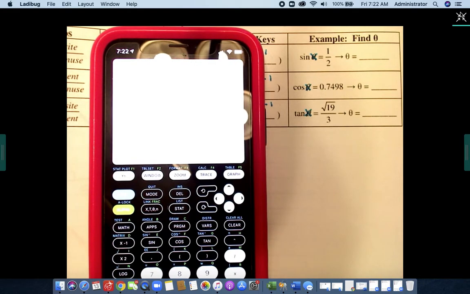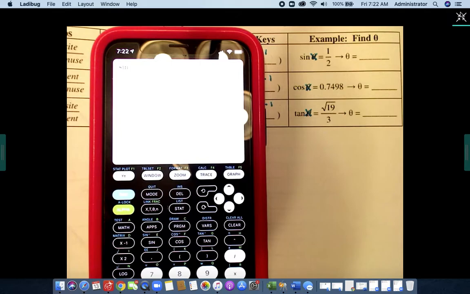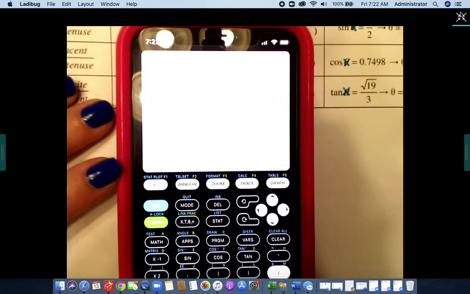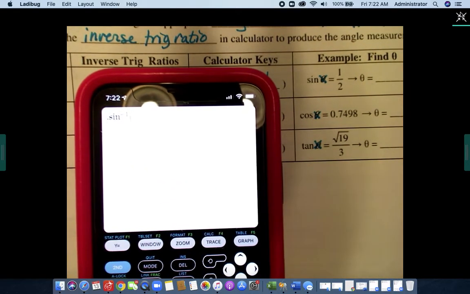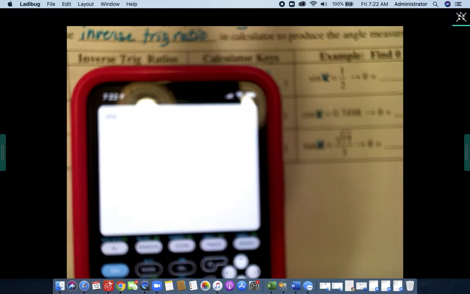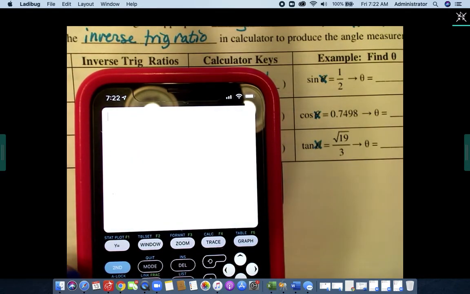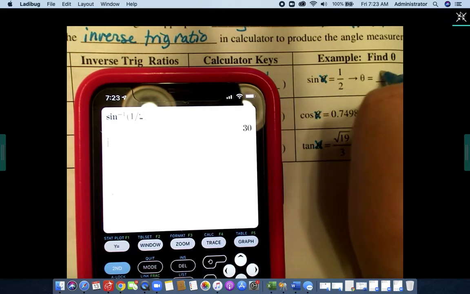All right, hopefully that'll work. So I'm going to hit second sine, of 1 divided by 2. Then that would give us 30 degrees.